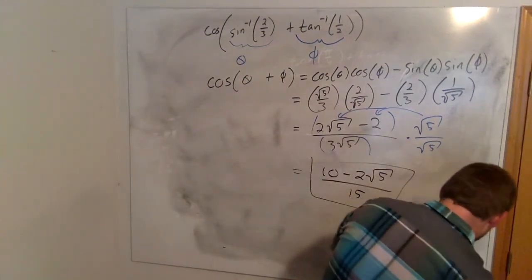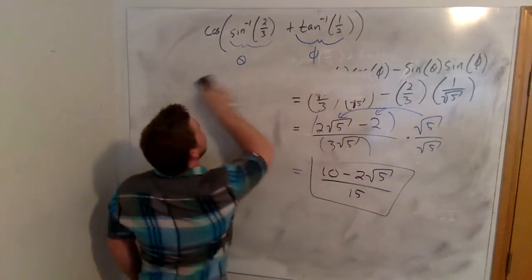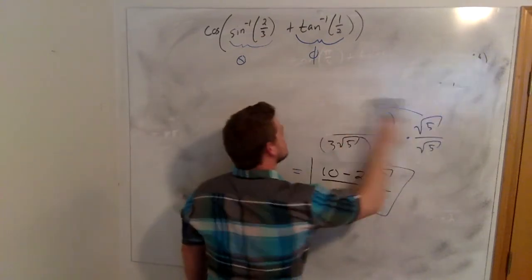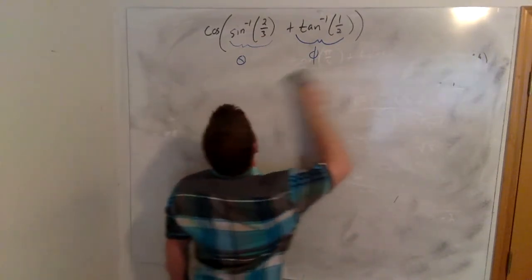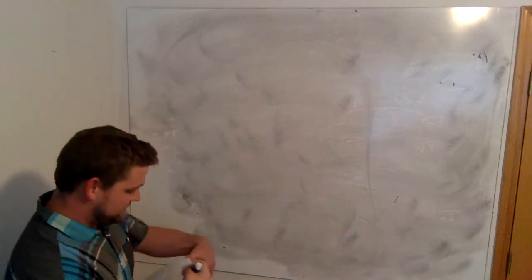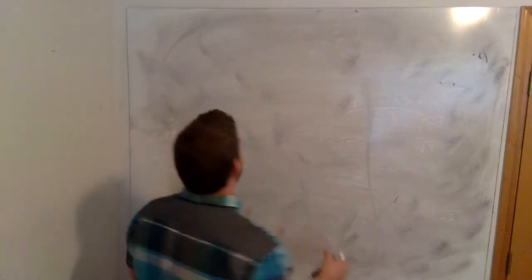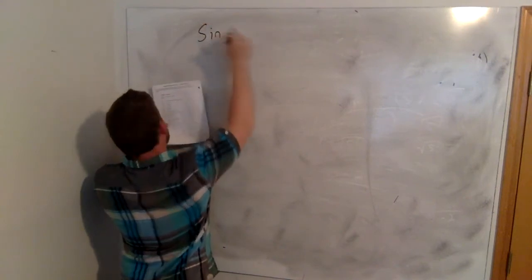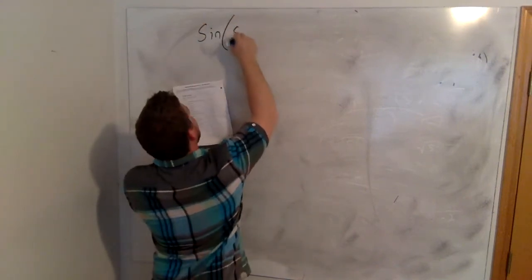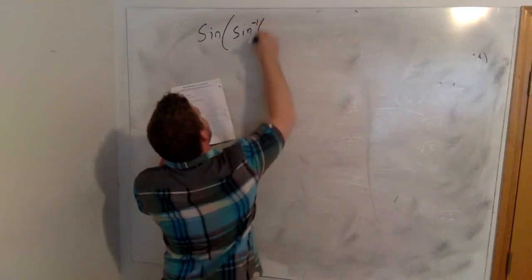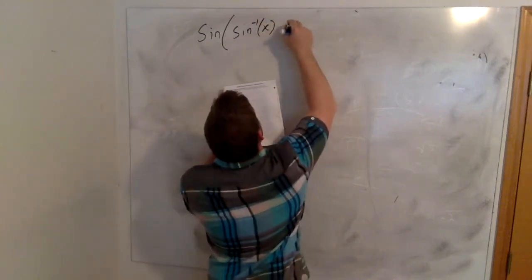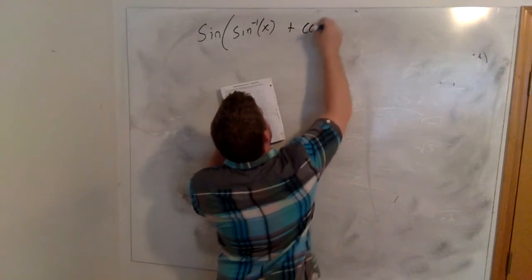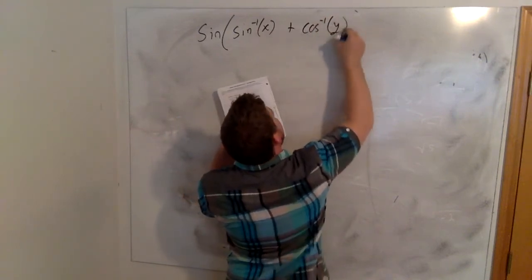All right, let's do another exercise. Let's say, for example, that we get a little bit more abstract. Let's say that we have the sine of the sine inverse of x plus the cosine inverse of y.